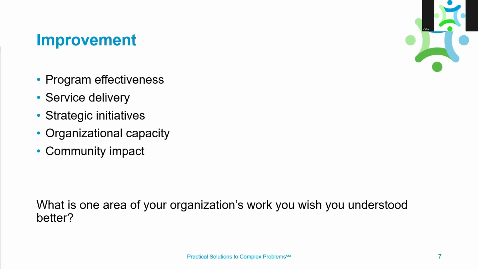Maybe it's sector reps. What is one thing they wish they knew better about the organization? I guarantee you each of them can name at least one thing. And when you bring that to the table for an evaluator, it might help them improve your evaluation plan and tell that story and help you all understand your organization better at the end of the day, which is going to improve your work and improve the way you serve your community.